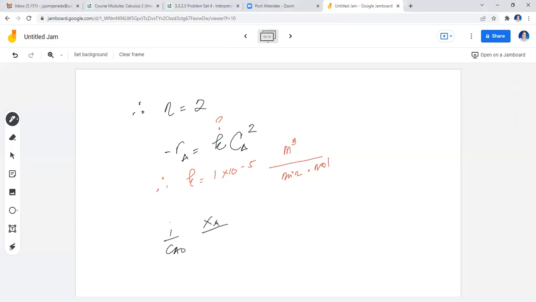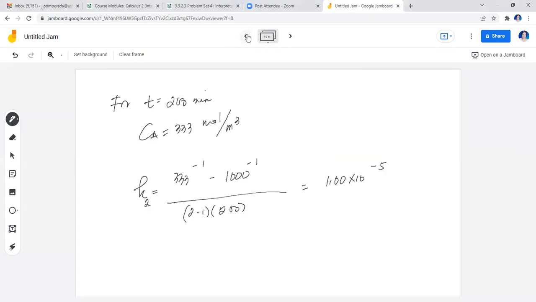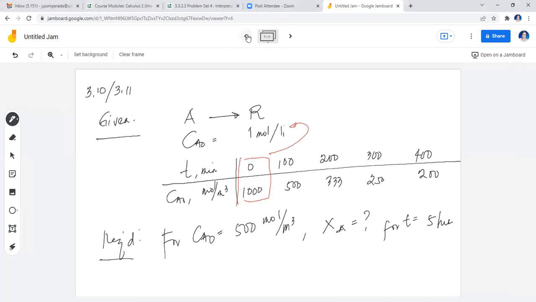You have XA over 1 minus XA equal to, we'll have the k here, 1 times 10 raised to negative 5 t. So this is our formula. So we'll use the given, which is 1 over 500. That's the initial concentration for the required, not the 1 mole per liter, but this time it's 500 mole per cubic meter.